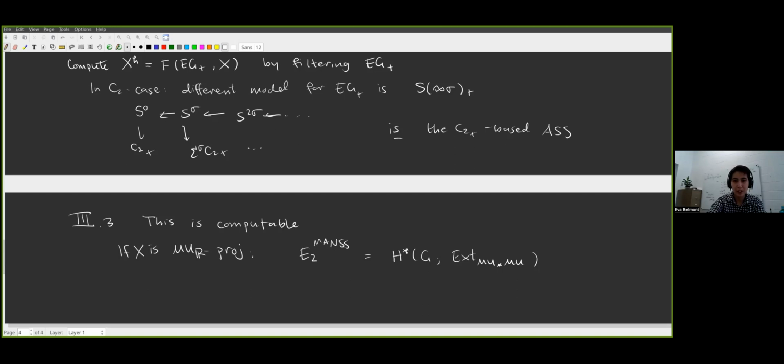If X has trivial action, then you can write this as kind of the other way around. So this is X over MU star MU.